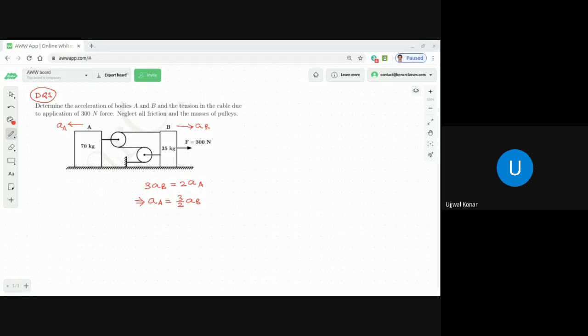Another point we can find out is that 300 Newton minus 3T should be equal to 35 into AB, since force is equal to mass into acceleration.